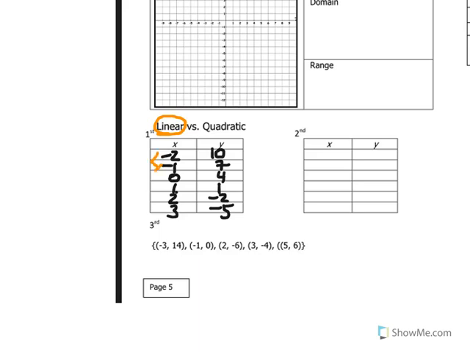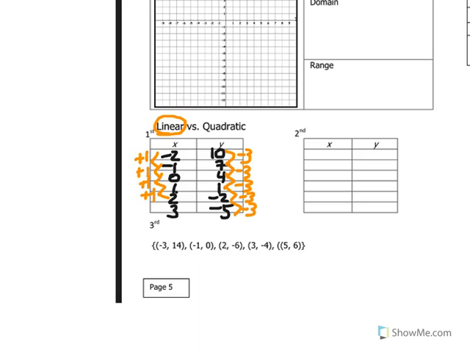As we go up the x's, we see they are increasing by a value of 1. If I look over here at the y's, when the x's are going up by 1, I see the y's are going down -3, -3, -3. It's going down 3 for each of these.